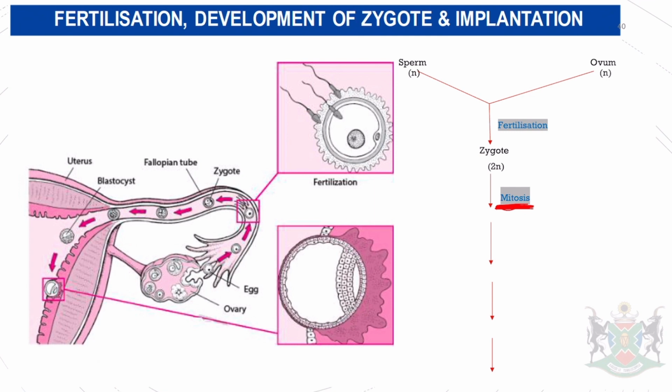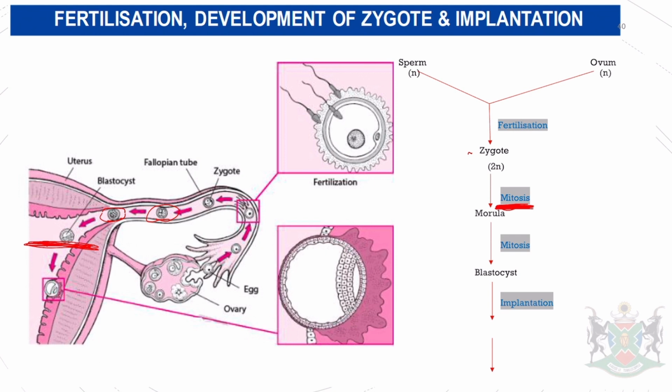So how does a single-celled zygote become multicellular? It undergoes mitosis to form firstly a morula, which is a solid ball of cells, and then the morula is going to divide again by mitosis to form a hollow ball of cells, as you can see over there, which is the blastocyst.